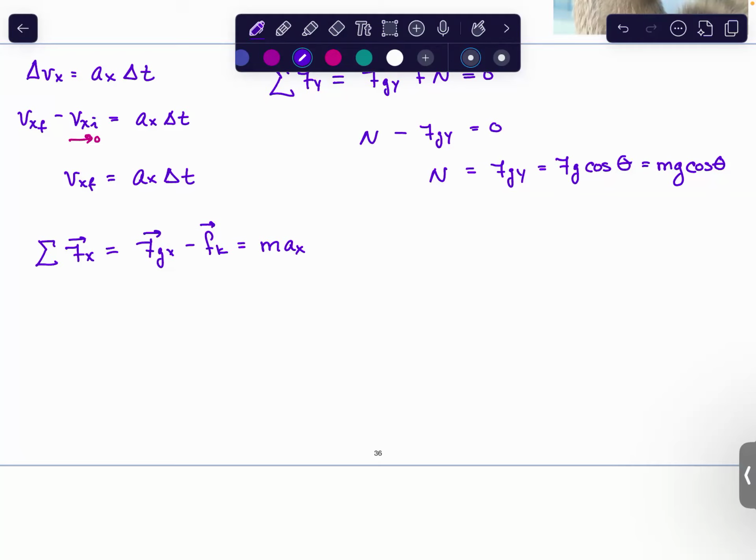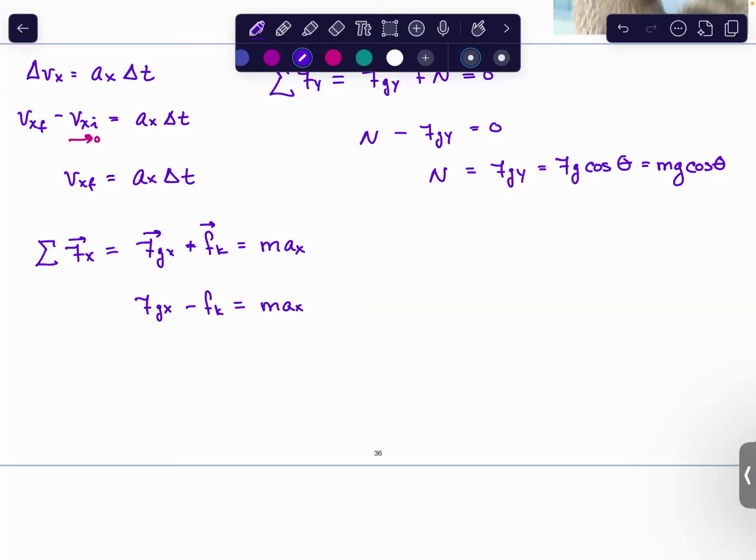Now, based off how we have x and y set, that's positive. Oh, I already showed you. I'm supposed to put plus there. The kinetic friction is negative. Okay, so let's start plugging things in that we know.